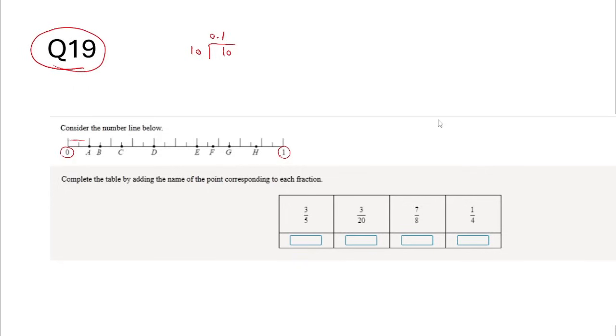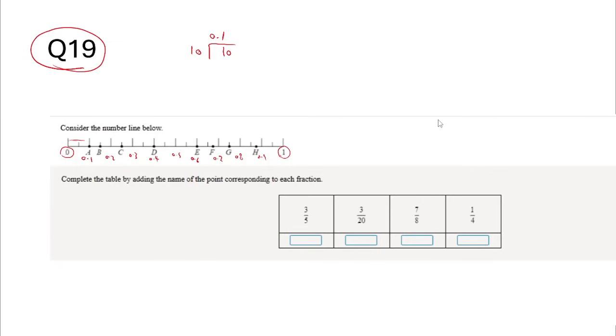So 0 plus 0.1 is 0.1, this is 0.2, 0.3, 0.4, 0.5, 0.6, 0.7, 0.8, 0.9, and 1. Okay?